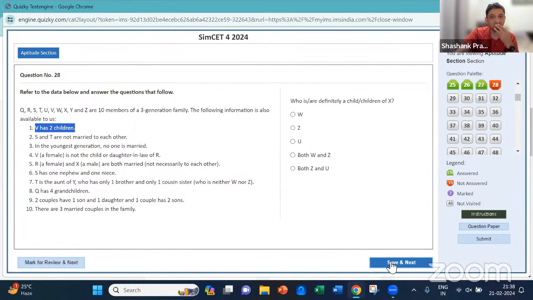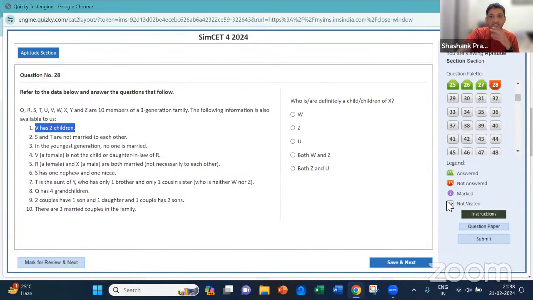I'm not sure. Who is or are definitely children of X? R is married to X or S. W, Z, and U. Y has only one brother and one cousin sister.